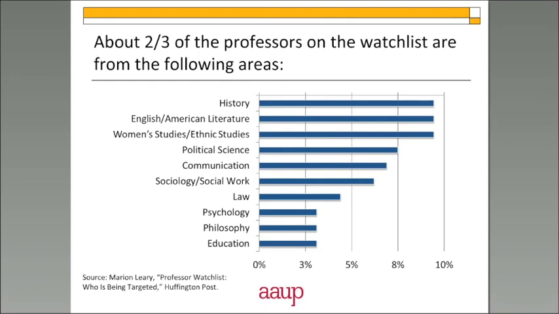But simply to say that about two-thirds, some 62 or so percent, fall into these areas: history, English American literature, women's studies, ethnic studies, political science, communication, sociology, social work, law, psychology, philosophy, and education. And in some of them, where I had to combine them, it was because they were combined in those reports, and it was not clear in what particular area they were.